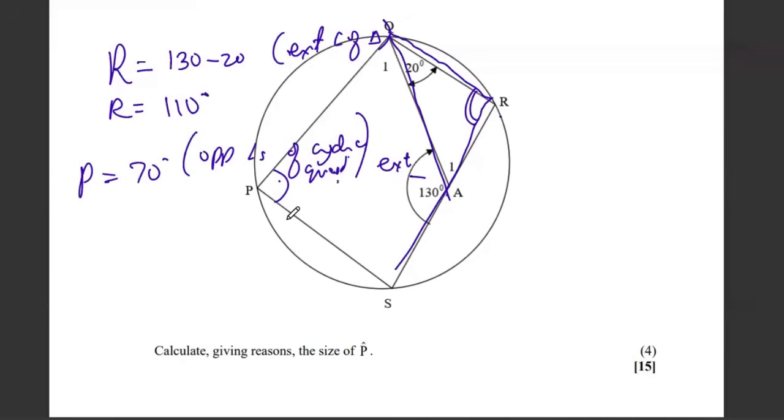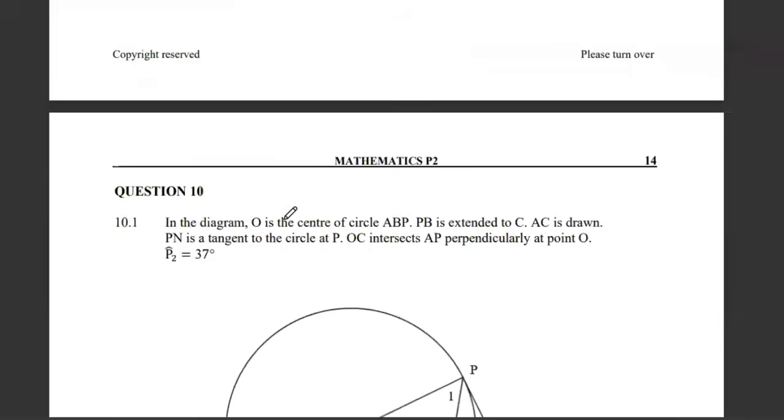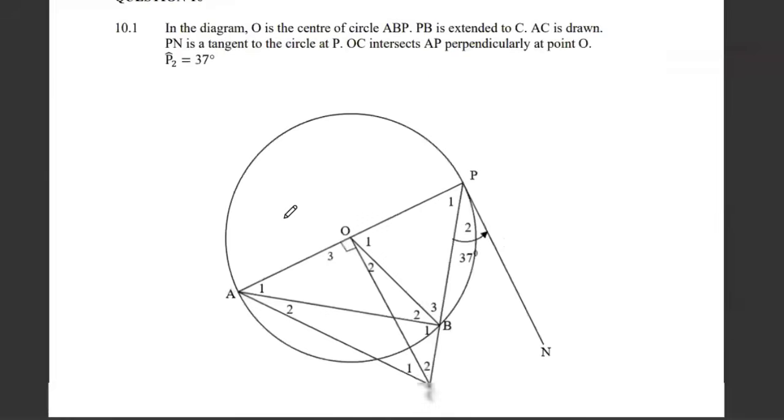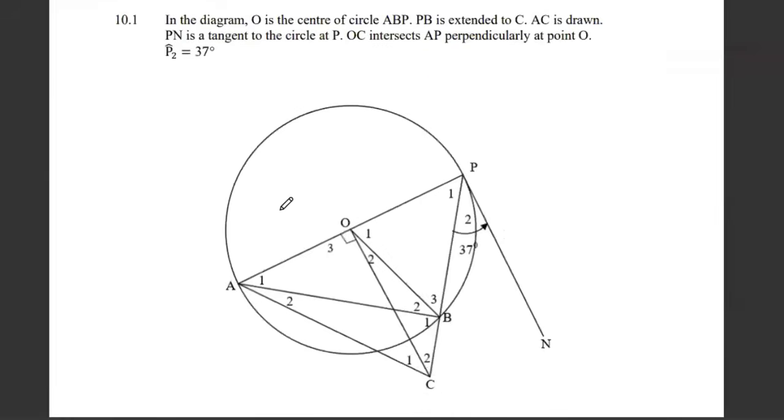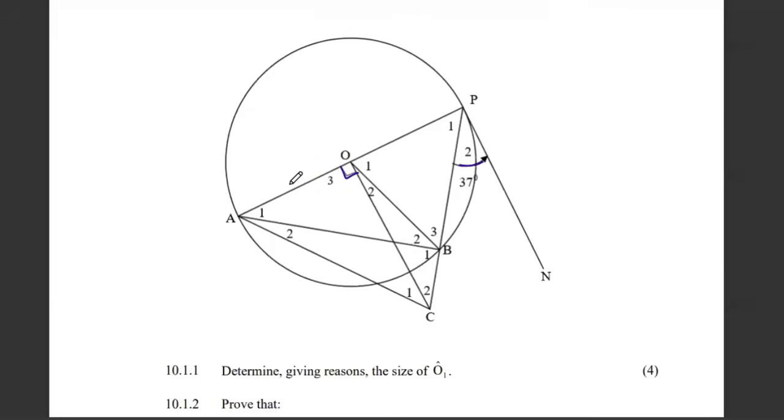And then question number 10. The diagram, O is the center. We have those lines extended. We have the perpendicular. Okay. And then P2 is a 37, it's a tangent. Okay. What is the size of O1? So if this is a diameter, we know that the whole of this is going to be a 90. Okay.